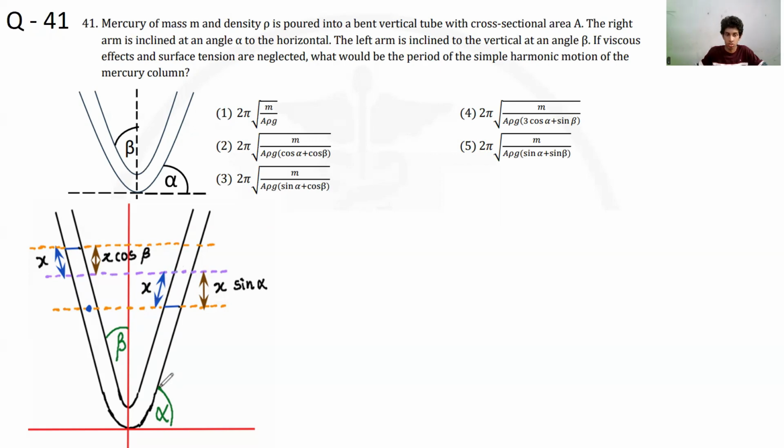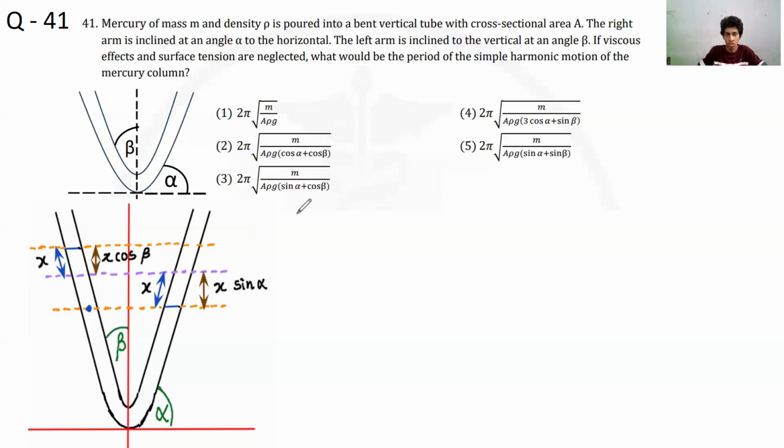As this angle is alpha, the perpendicular distance from the original position to the liquid level on the right-hand side will be x sine alpha. And as this angle is beta on the left-hand side, the perpendicular distance from the original position to the liquid level will be x cos beta. Therefore, the total perpendicular distance between the two liquid levels will be x cos beta plus x sine alpha.